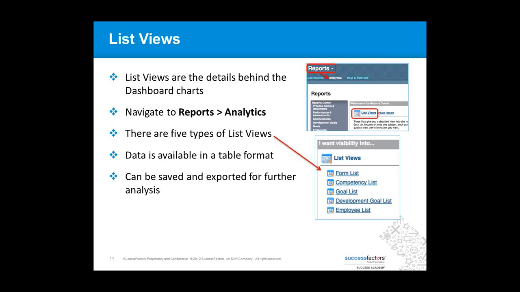There are 5 types of list views: form list, competency list, goal list, development goal list, and employee list. A manager, admin or HR rep can quickly generate this report and get a hang of various things through it. It can be exported and saved for further analysis as well.